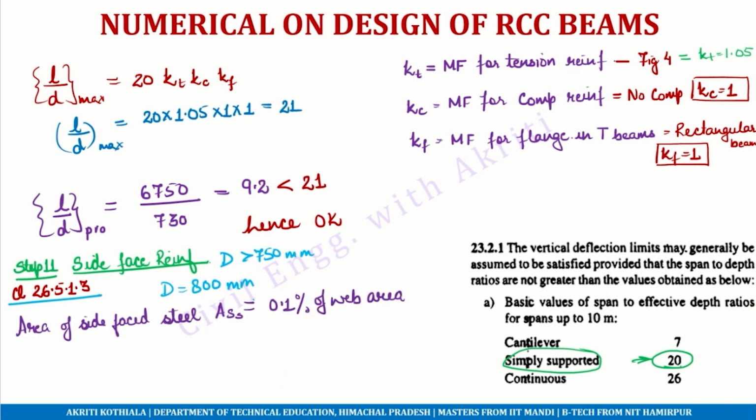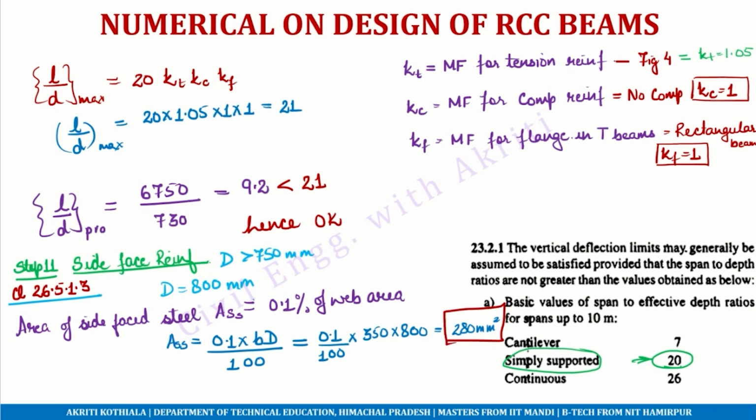It says that the area of the side face reinforcement ASS is equal to 0.1% of the web area. Web area is equal to B into D because it is a rectangular beam, and for percentage we divide it by 100. So this calculates to be equal to 280 mm square. So we have to provide side face reinforcement equivalent to 280 mm square.